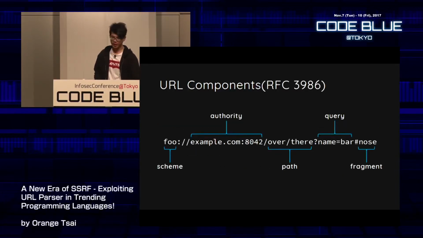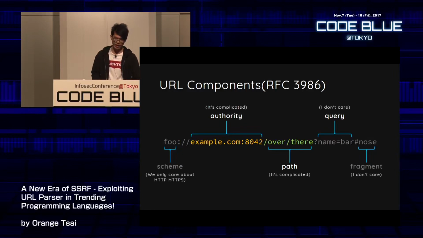How does the RFC define a URL? This is the URL component defined in RFC 3986. There are totally 5 parts: scheme, authority, path, query, and fragment. And this is what we will cover today: the scheme, authority, and path.